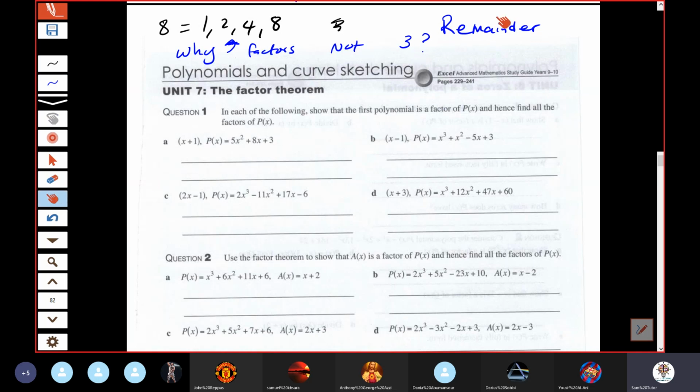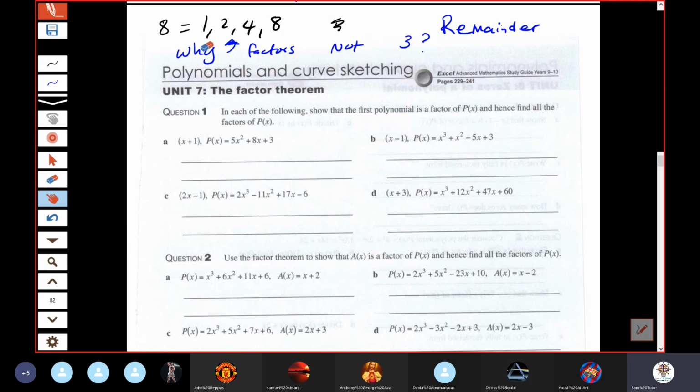We used the fact that there's going to be remainders, right? If we did 8 divided by 3, it's fine. You can divide it. No one's stopping you. But because there's a remainder, it is not a factor, right? So for something to be a factor, it must go in it fully without any remainders.